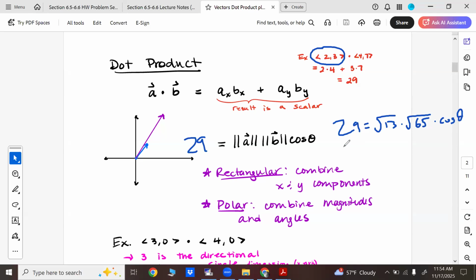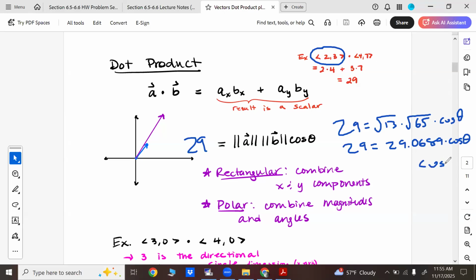Now, if you multiply it out, I can use this to help me find the angle between two vectors also. So the dot product enables me to find the angle between two vectors.